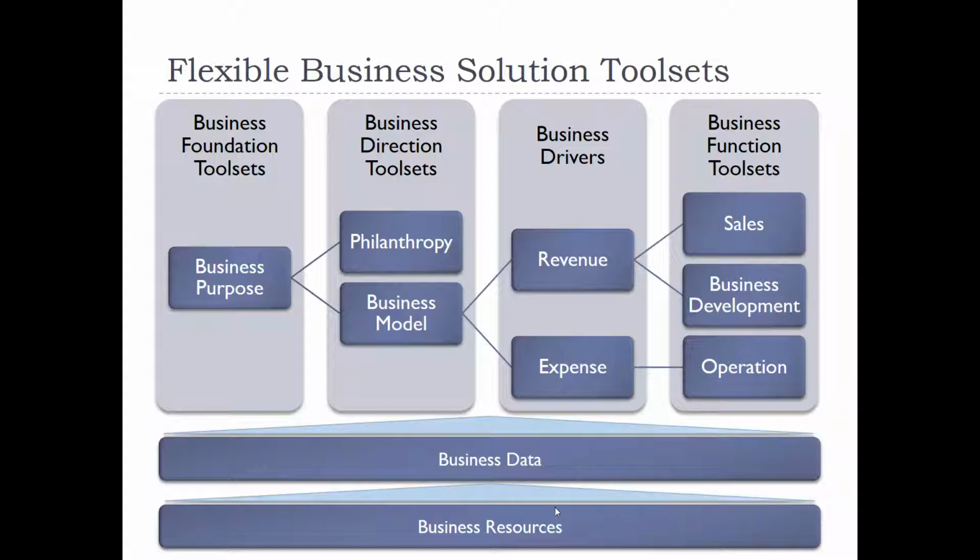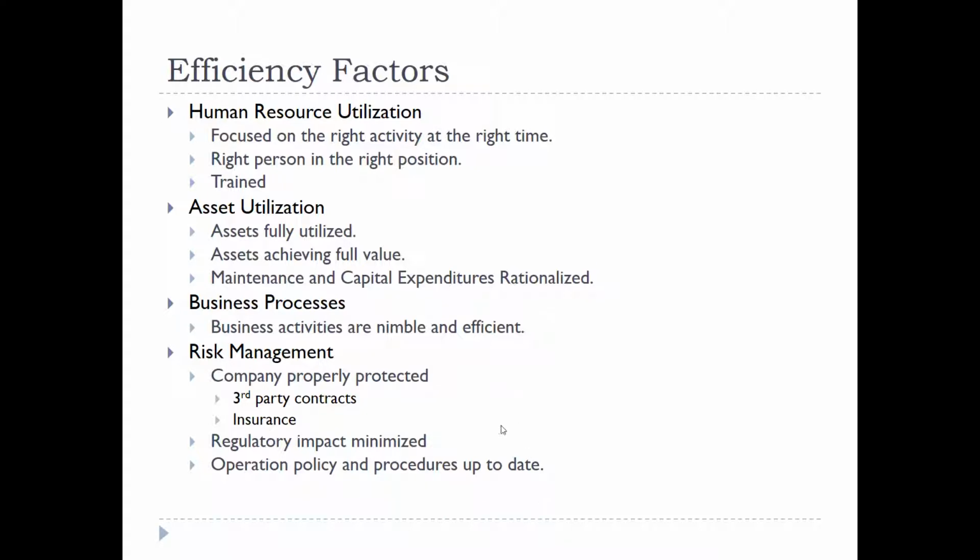What we're going to do is look specifically into what the customer is looking at. When we start talking about efficiency factors, there are four key areas. One, human resource utilization, the first bullet right up at the top here. Are we focused on the right activities at the right time with the right people in the right positions?